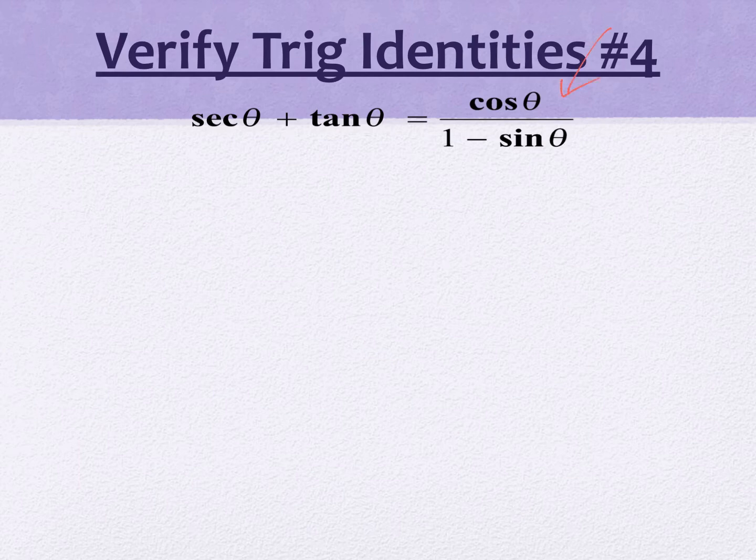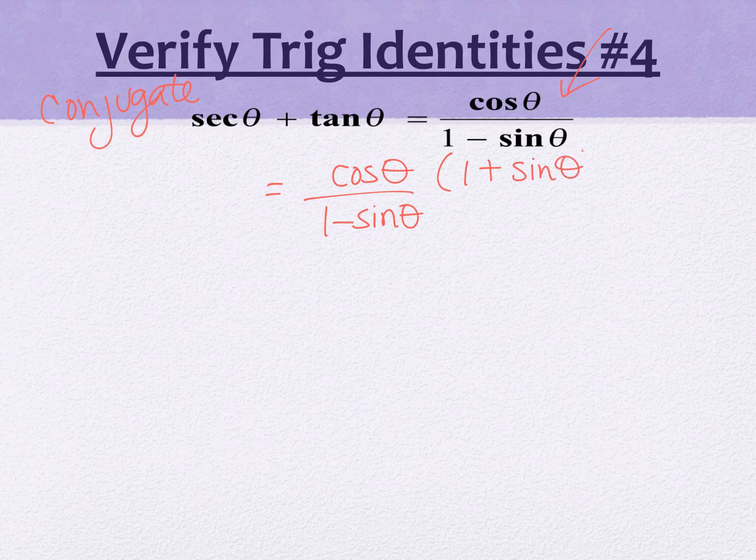I have cosine over 1 minus sine theta, I'm going to do the conjugate. So an example of that. I'm going to just keep my equal sign here in the middle so I have enough room. So I have cosine theta over 1 minus sine theta. I'm going to do the conjugate of the denominator, top and bottom. I'm allowed to do that because it is just 1.